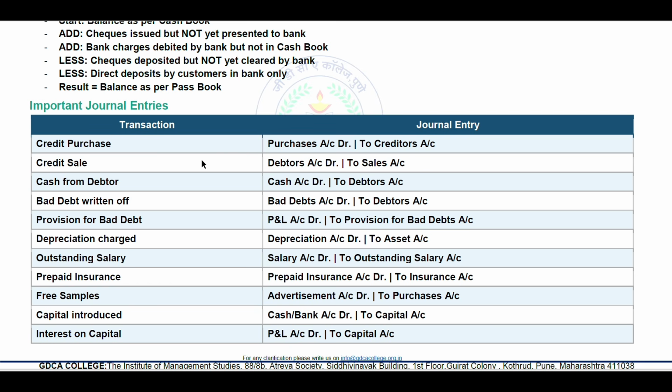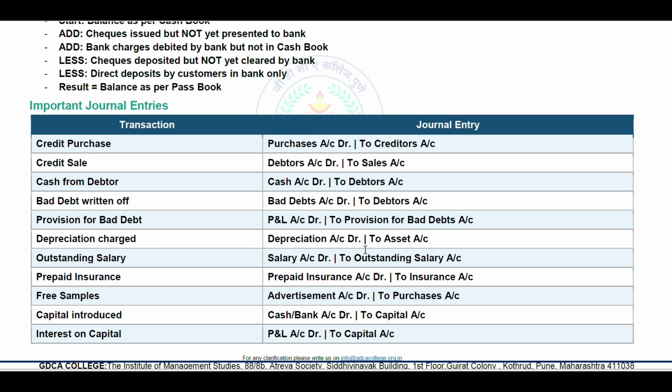Important journal entries. To understand, we have a table here: transactions and journal entries. Credit purchase: purchase account debit to creditors account. Credit sales: debtors account debit to sales account. Cash from debtors: cash account debit to debtors account. Bad debt written off: bad debts account debit to debtors account. Provision for bad debts: profit and loss account debit to provision for bad debts account.